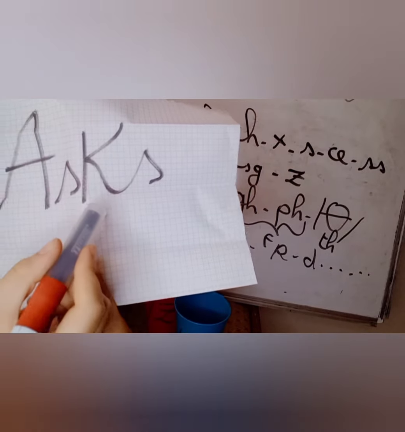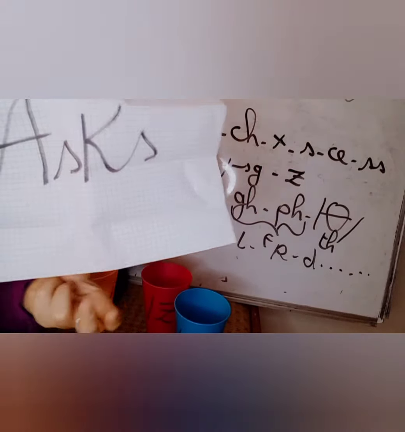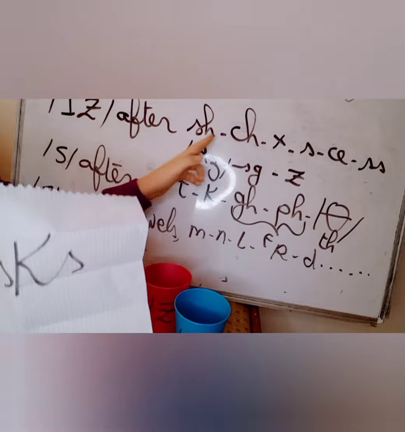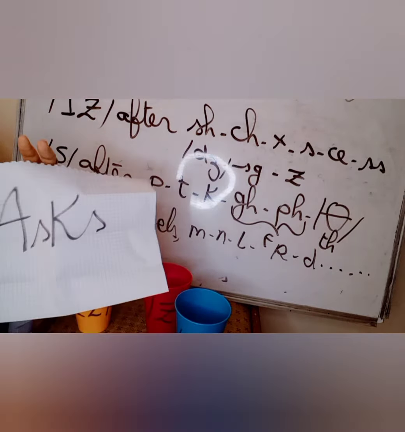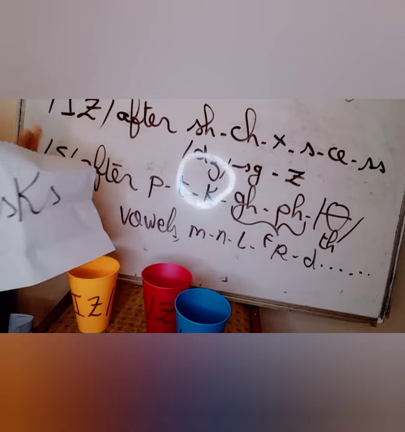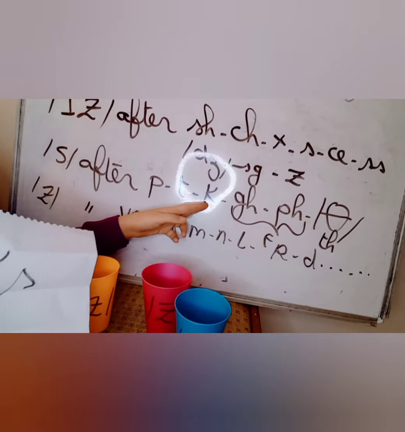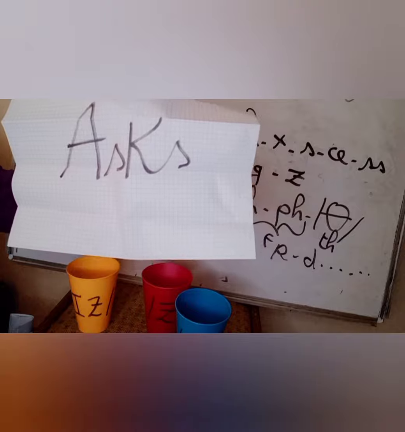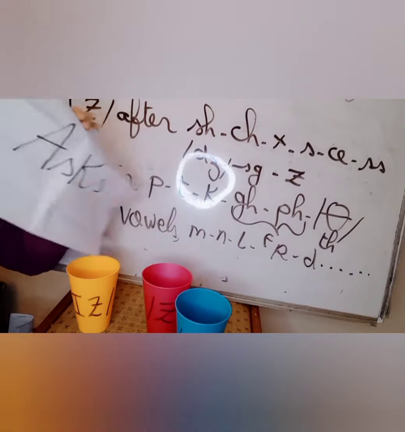You have K before it. Is it with the "iz" group? We look at the letters that go with it: CH, SH. We don't have K. So here, asks, we pronounce it S. We put it with S.